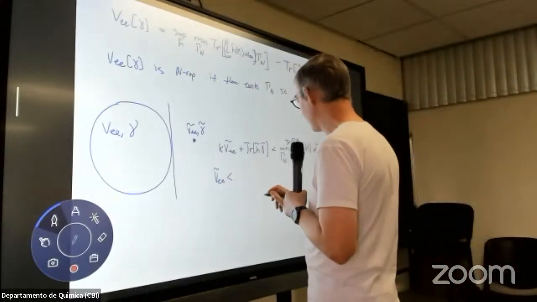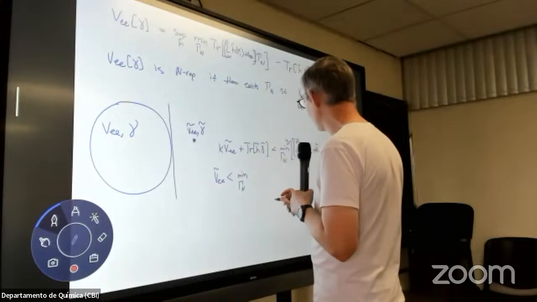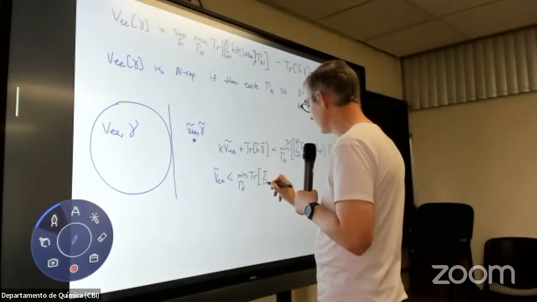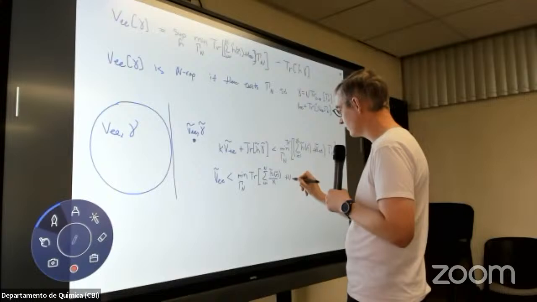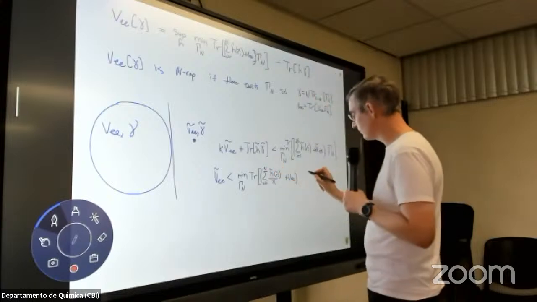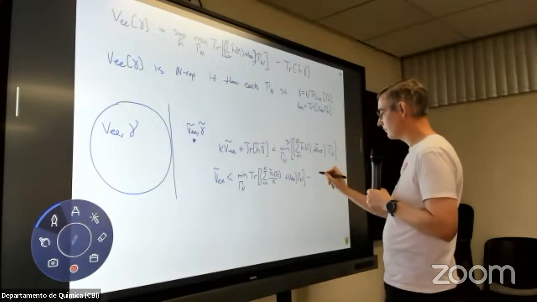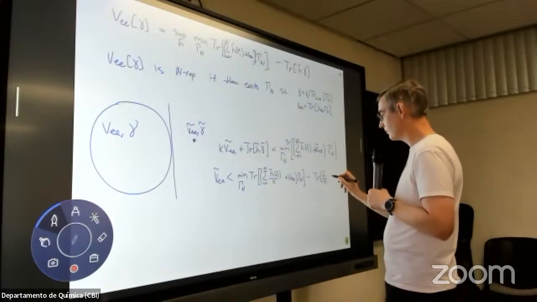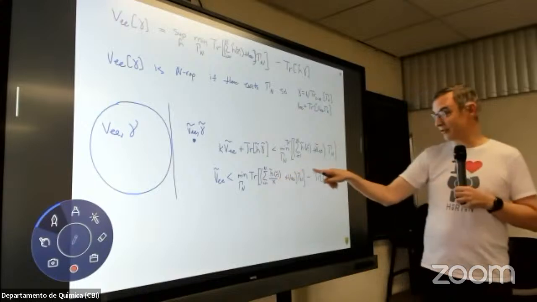It's less than the minimum over gamma n of the trace of... So there'll be some H tilde such that this is true.